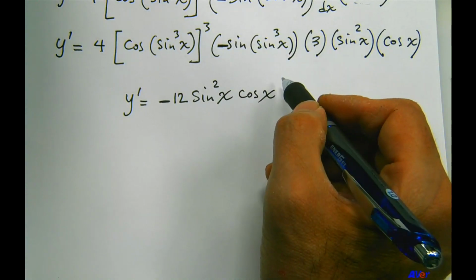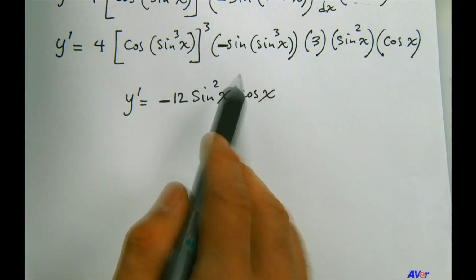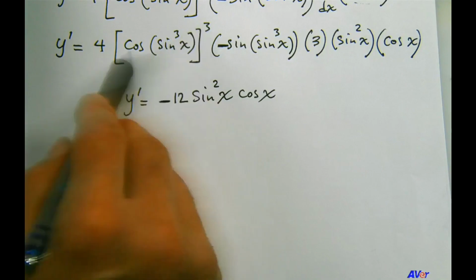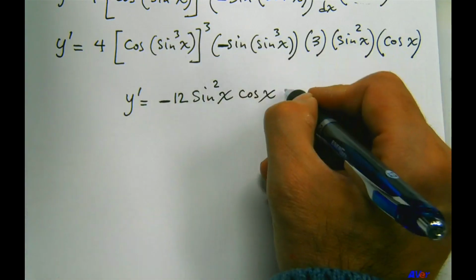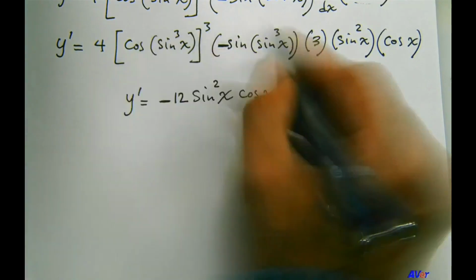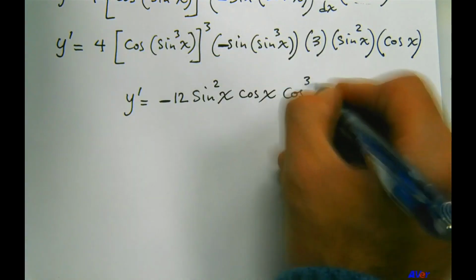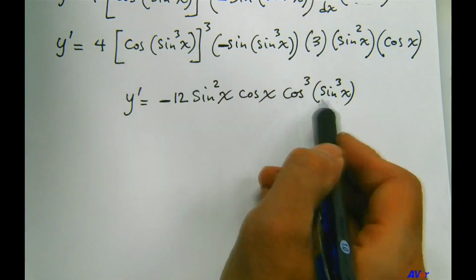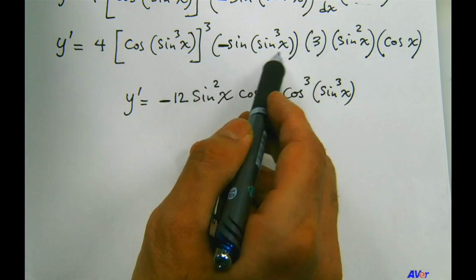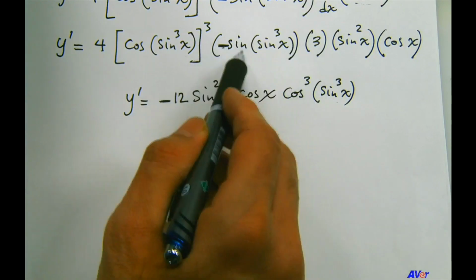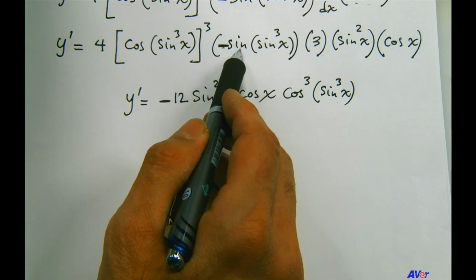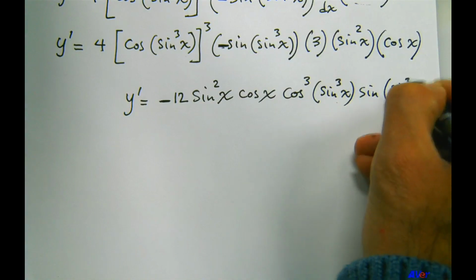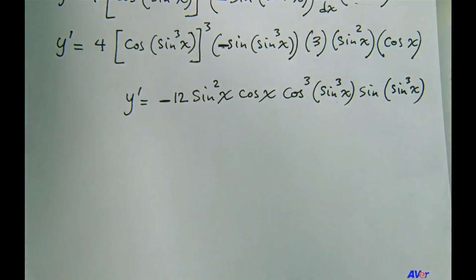And then times this piece to the power 3 or cubed. So times cosine. Now we can apply this power to this cosine. So cosine cubed of sine cubed x. So that's that piece. And of course times this. We've already taken care of the minus. So all we have to say is sine of sine cubed x.